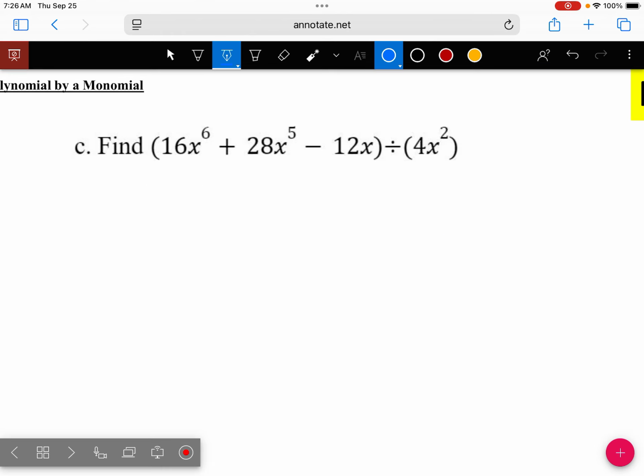All right, I'm going to give you a couple minutes. Try to do this one by yourself. Page 17. And we'll talk about what to do with that last term.